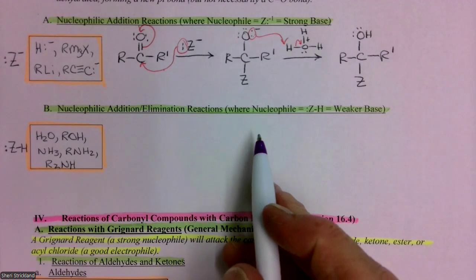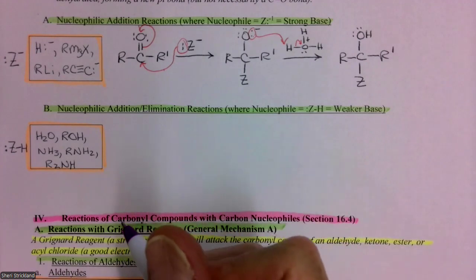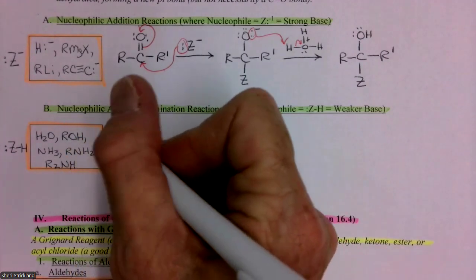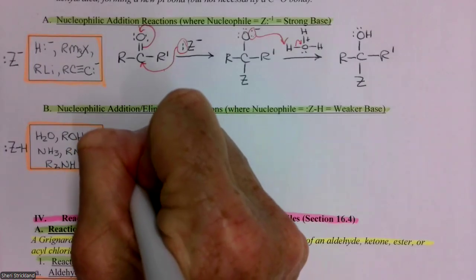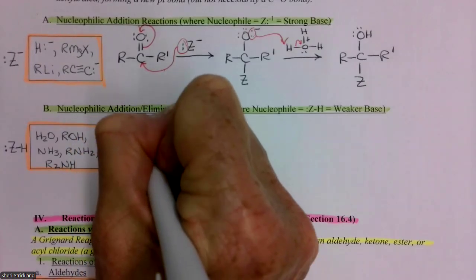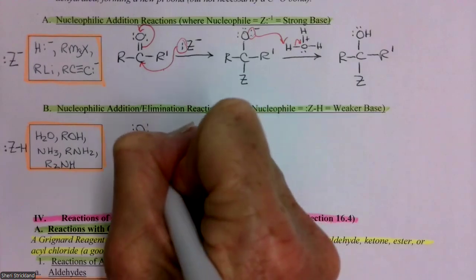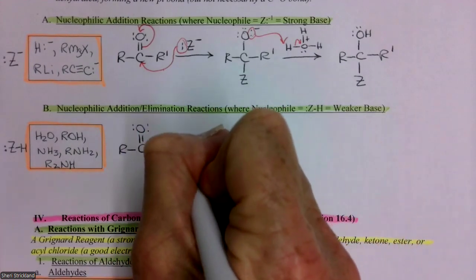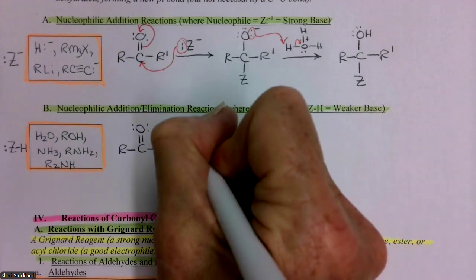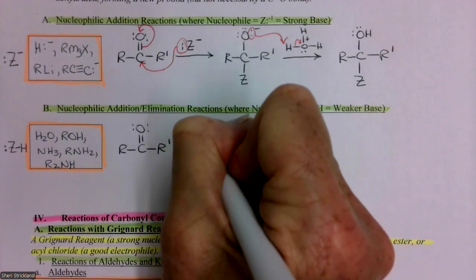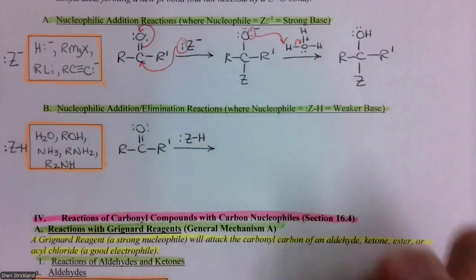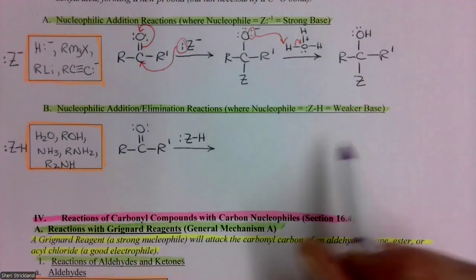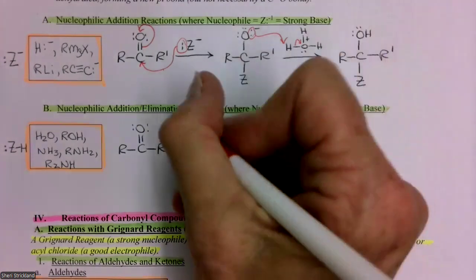Now, this other kind of reaction has a bunch more steps for sure, but it starts the same. Again, we're going to use this general structure that can represent either an aldehyde or a ketone. And now we'll use this more weakly basic, protonated, and neutral nucleophile. Same kind of nucleophilic attack.